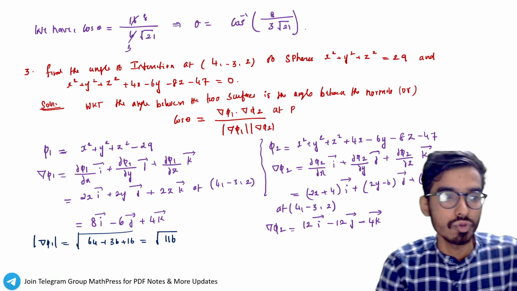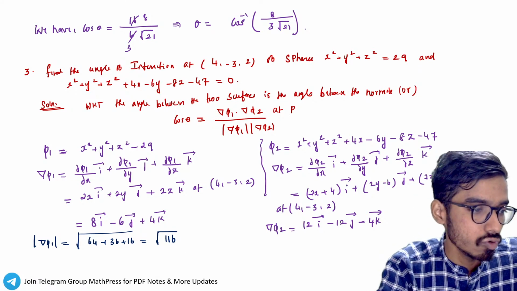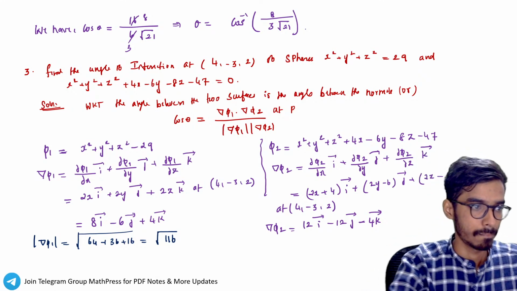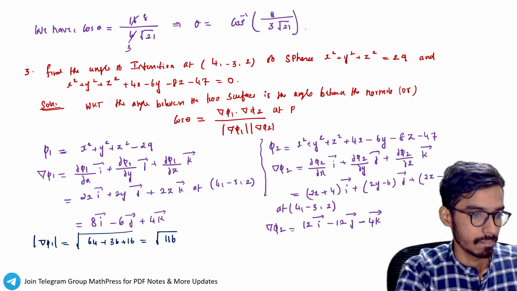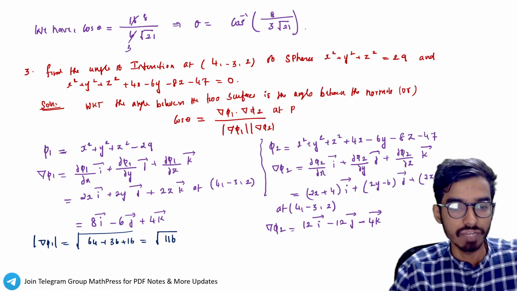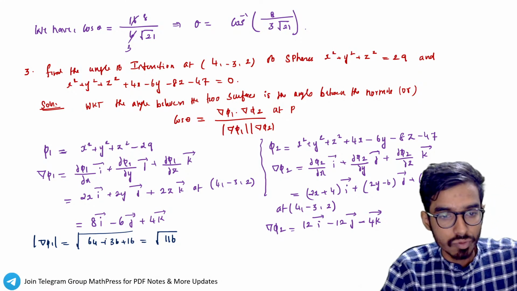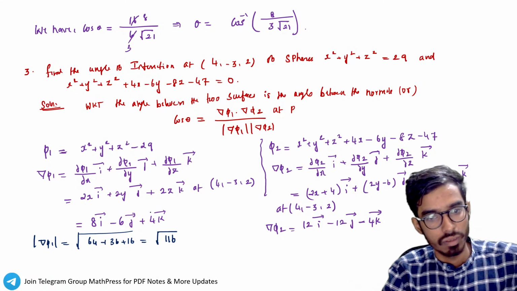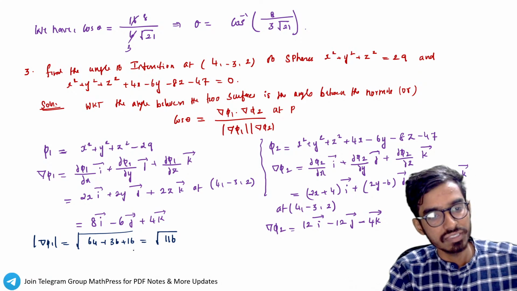Okay. So now you find del phi 1 and del phi 2, and now you find modulus of del phi 1 and modulus of del phi 2. This will be root of 8 square plus 6 square plus 4 square, so there will be root 116.